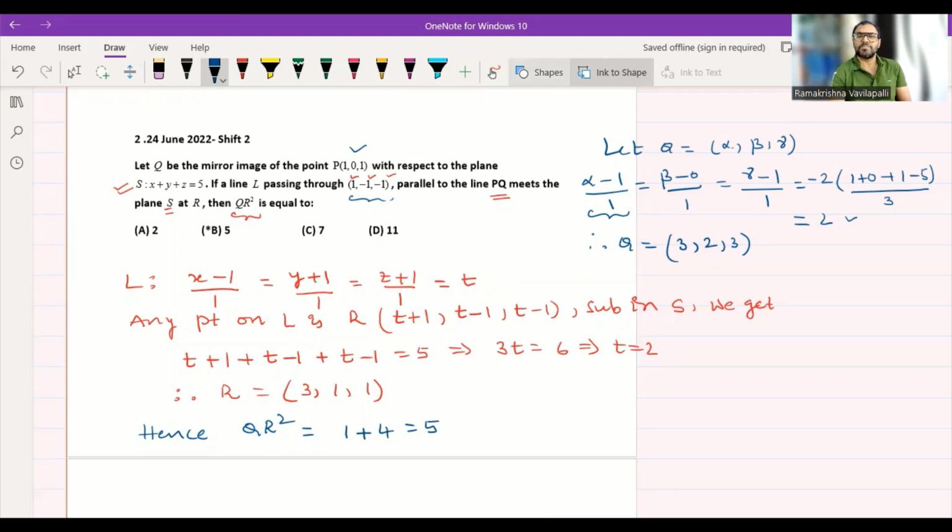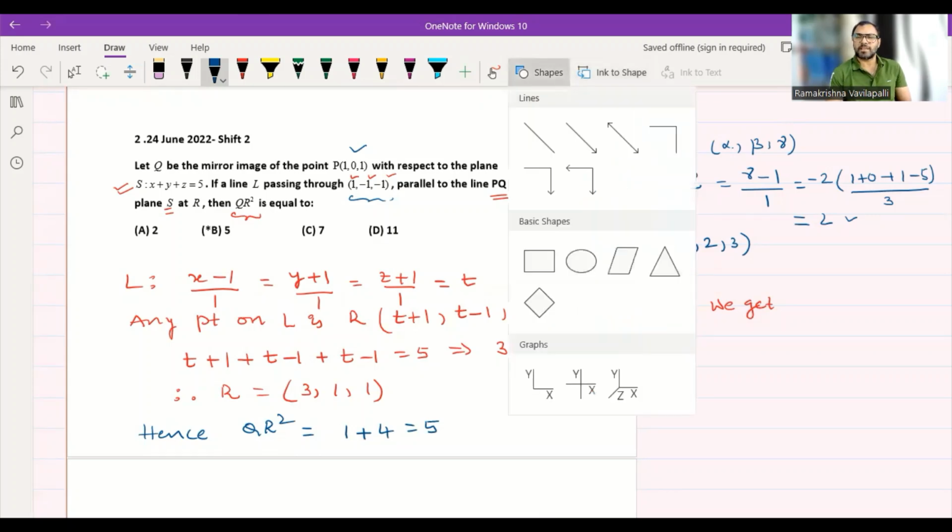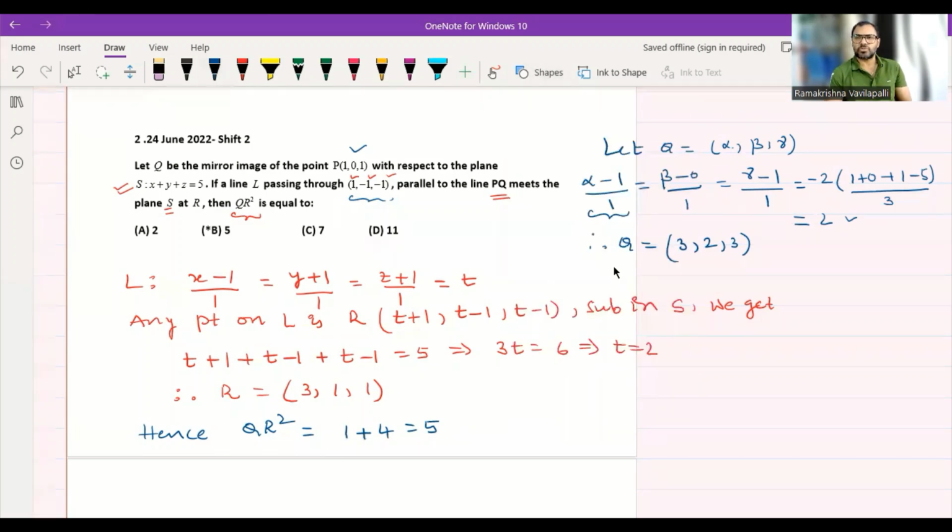So here we have applied the image of a point and the point of intersection of line and plane. So it is a mixed bag question, meaning two concepts mixed in one question. This is the plane and a point is given, that P is the point and Q is the image.